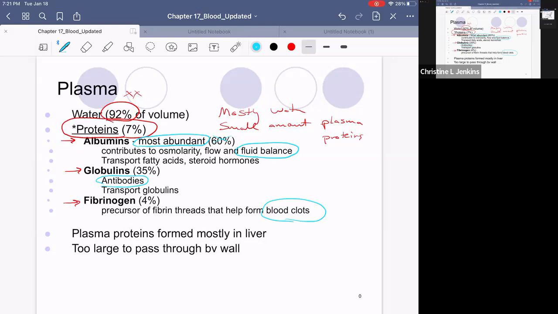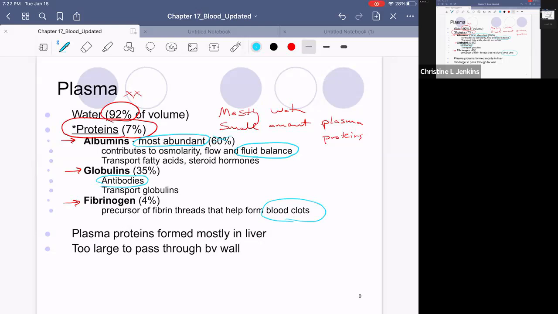You could imagine on our first exam in a couple weeks, some matching the type of plasma protein with its function. You could imagine a question like, which plasma protein is most abundant? Easy, albumin. These are going to come up more later in the semester, but for now, just need to know that they're plasma proteins and their basic function.